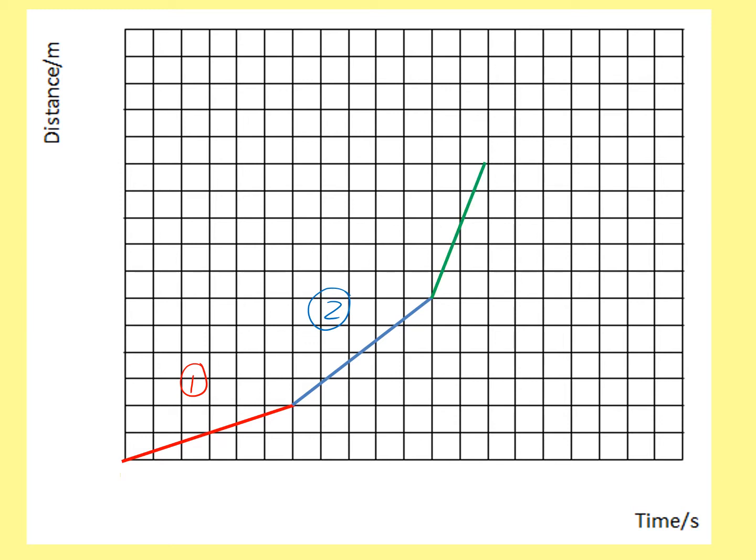And finally, section 3, I can say, is going faster again. Section 1 was going quite slowly, section 2 is going faster, and section 3 is going even faster. I knew that without even calculating anything, because the line is getting steeper every time. So this shows an object getting faster and faster over time.